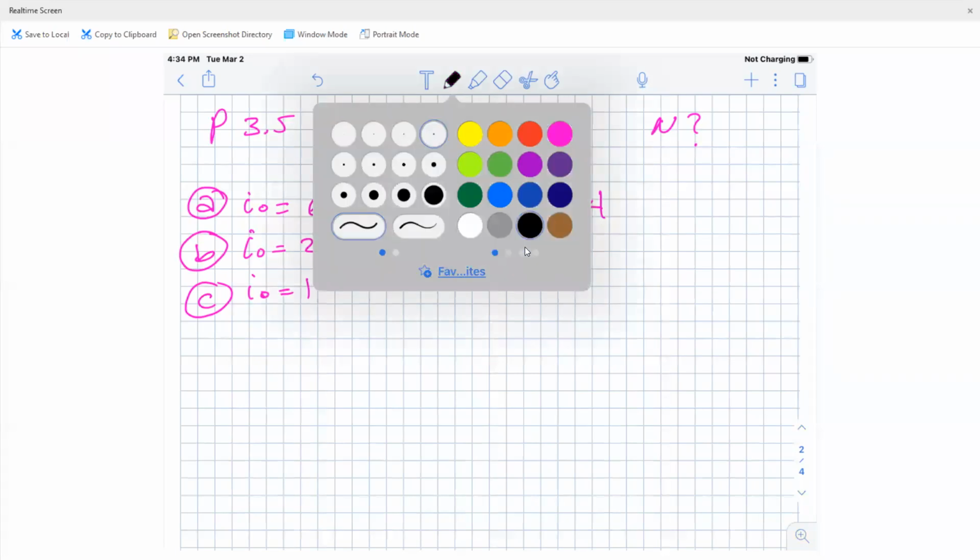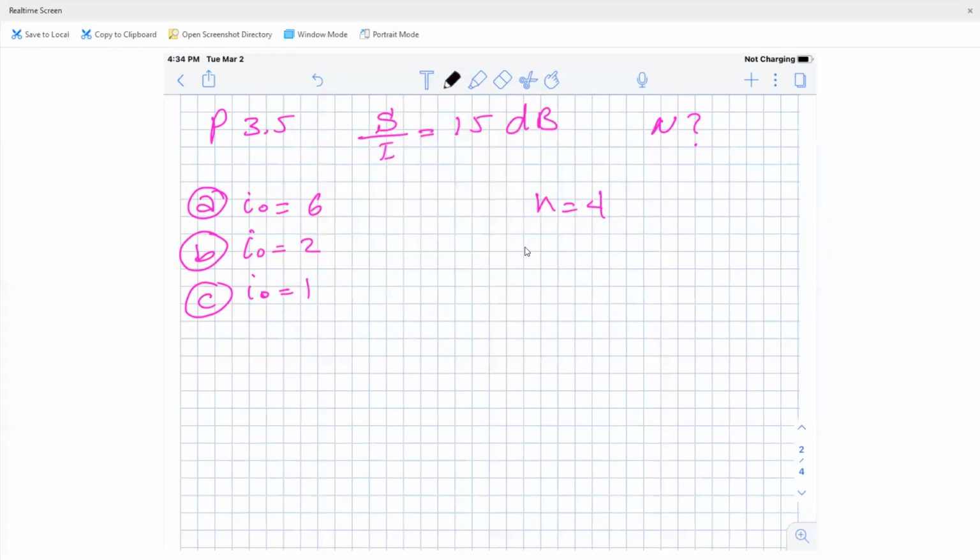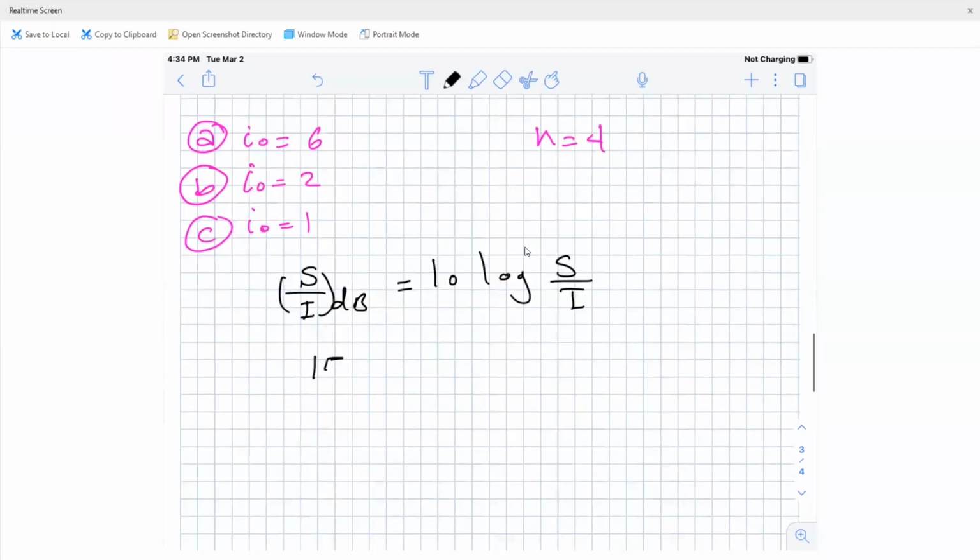Now, as you know, when we talk about signal to interference ratio in dB, S over I in dB equals 10 log S over I in ratio. So you have 15 equals 10 log S over I. It means S over I in ratio will be 10 to power 1.5.